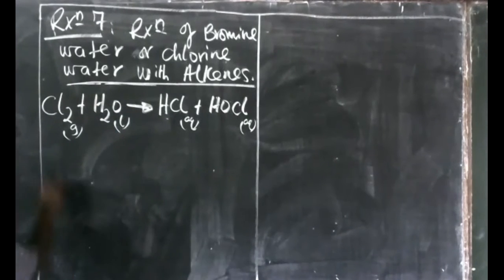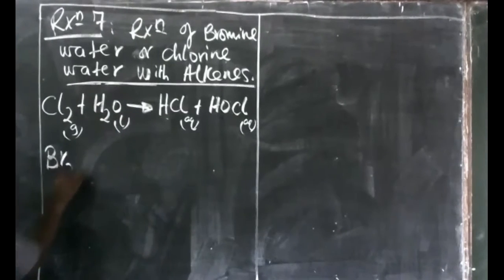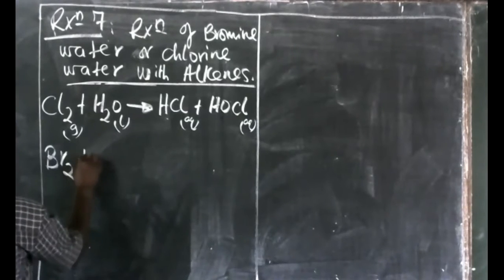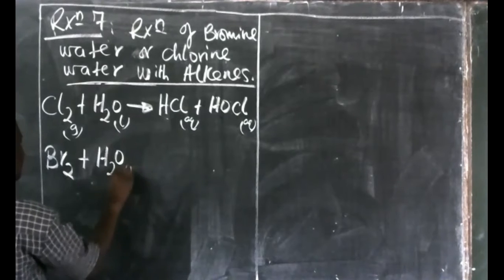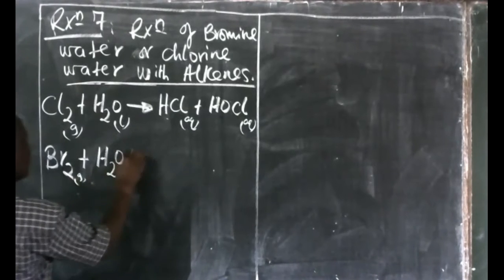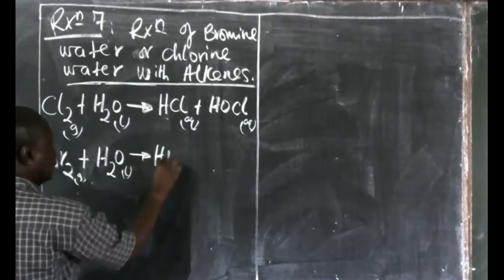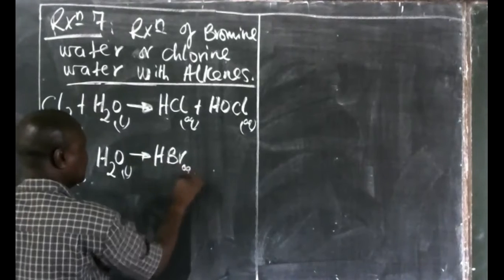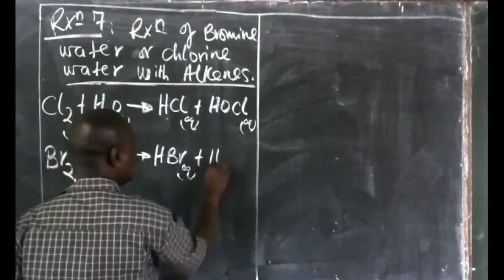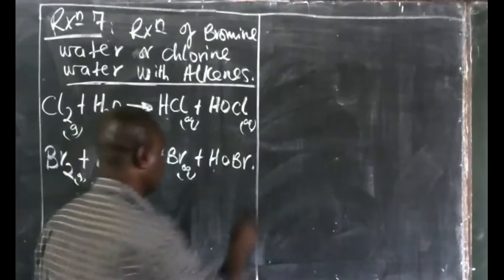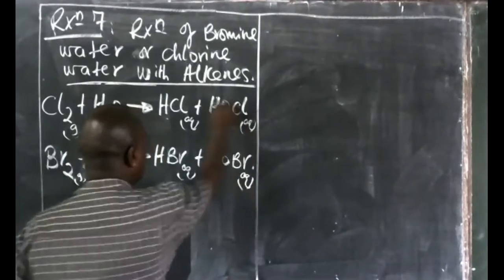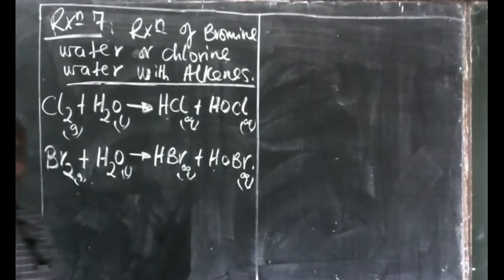Or if it is bromine plus water, liquid, it is going to give us HBr aqueous plus hypobromous acid, HOBr, which is aqueous. So we get those two acids.